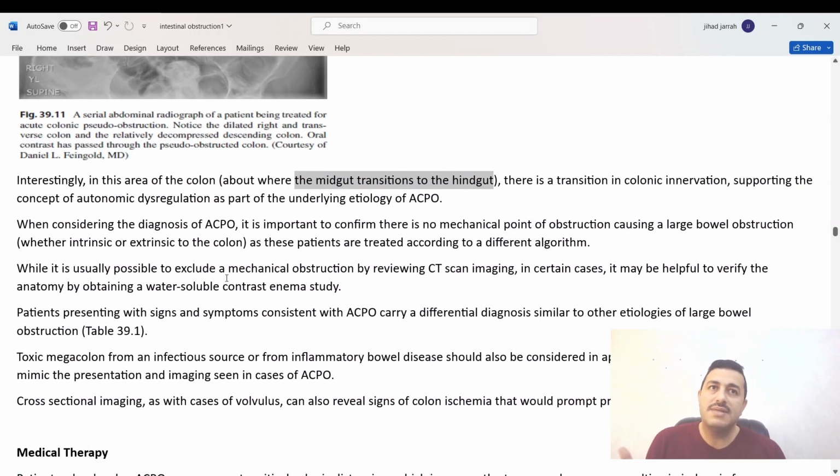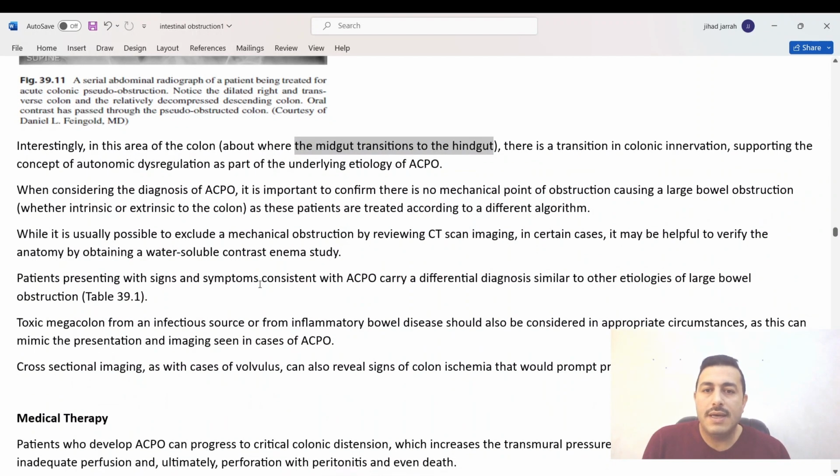So the cecum is dilated, the transverse is dilated, while the descending colon will usually be normal. Here they say it's important to confirm that there is no mechanical obstruction.